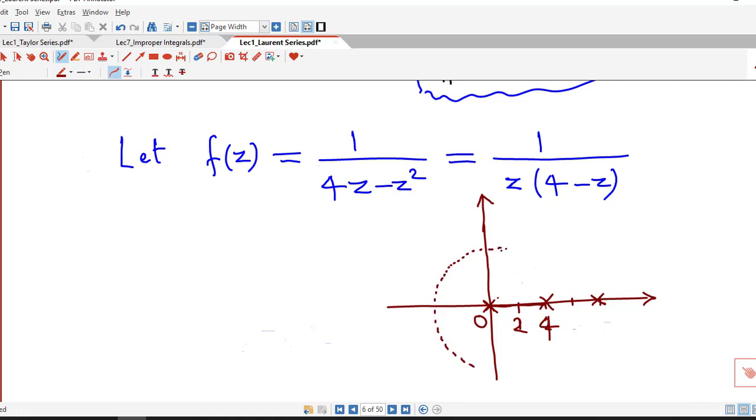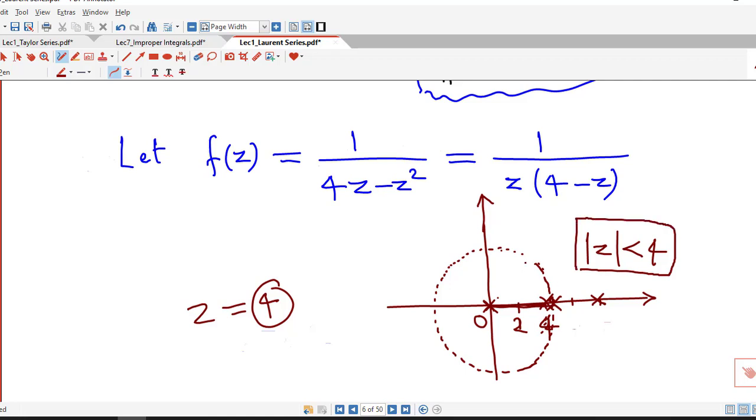Suppose this is a rough sketch of the open disk with center z equal to 0 and radius 4. Then if we consider absolute value of z less than 4, the point 4 at which the function is not analytic is not in this disk. It is on the boundary of the circle mod z equal to 4.